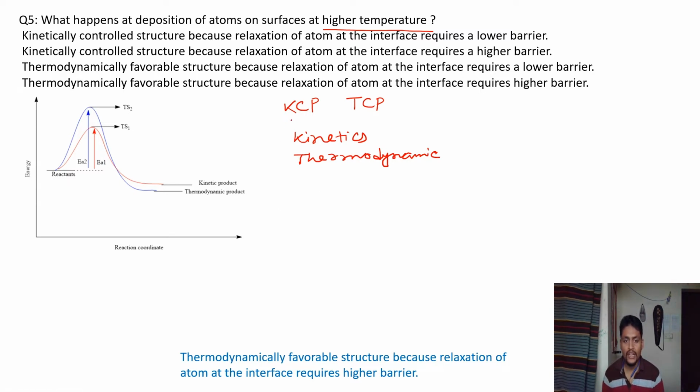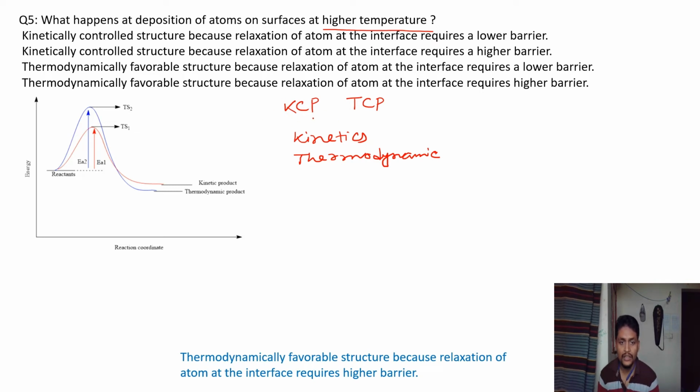So depending upon that, normally if any system has an opportunity to go to two different products, depending upon the temperature and the environment that is provided, it will decide the fate of the reaction, which product it will be.